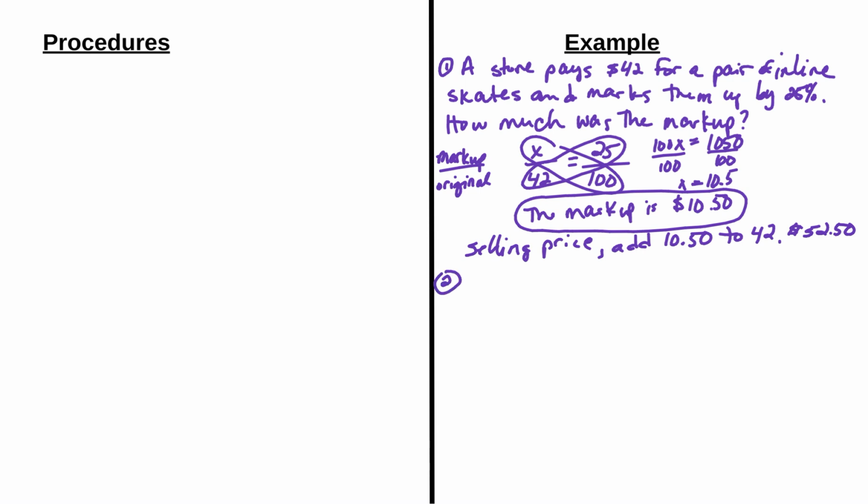Number 2 says a store pays for a pair of sneakers and marks them up by 20% before selling them for $30.